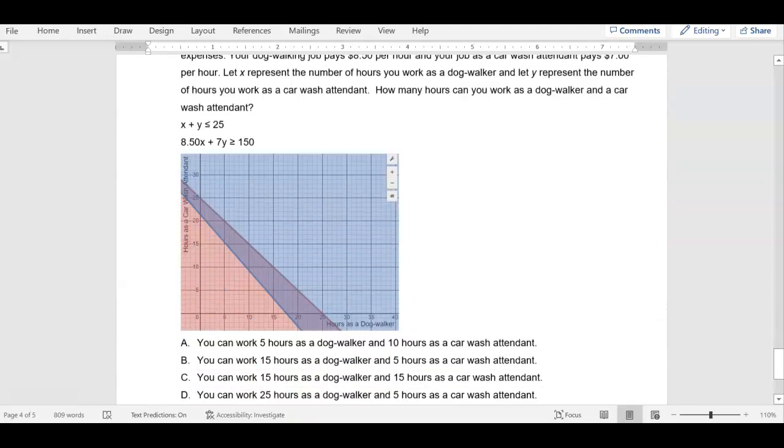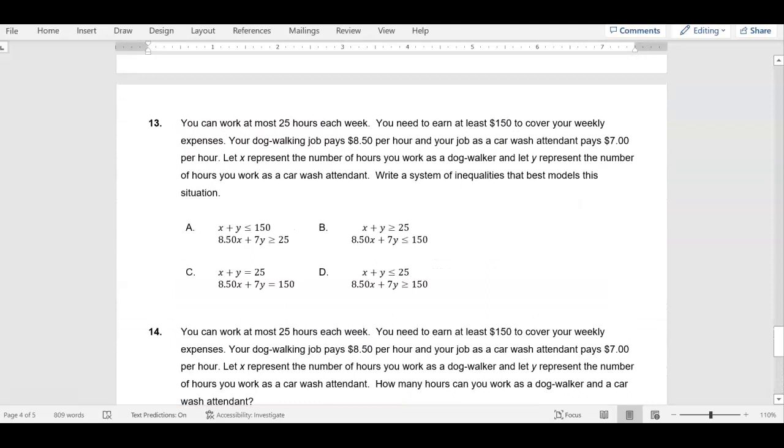All right, last page. You can work at most 25 hours a week. At most means x plus y is going to be less than or equal to 25. It's not greater than, it's not equal to, it's at most.